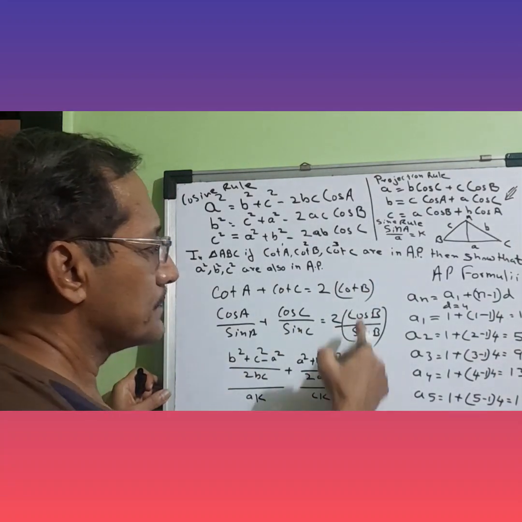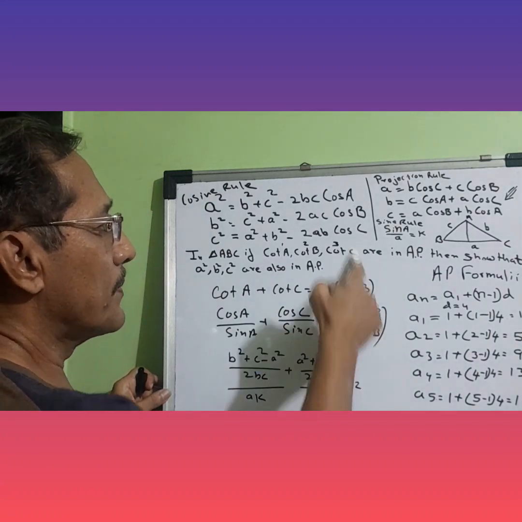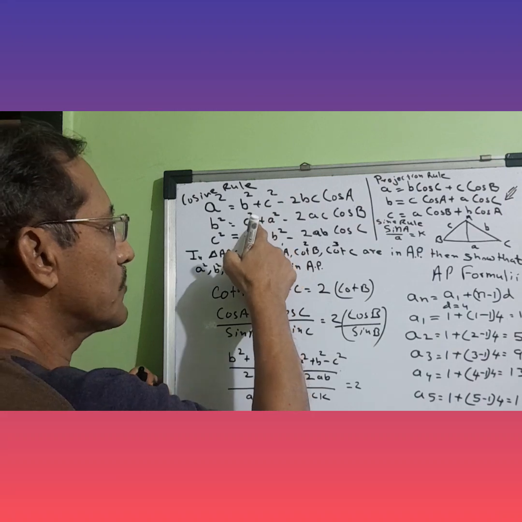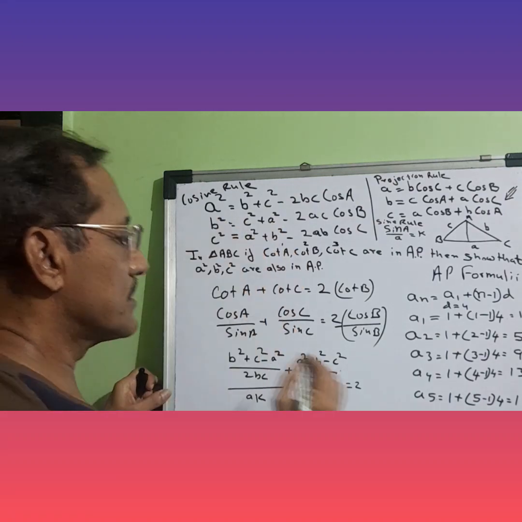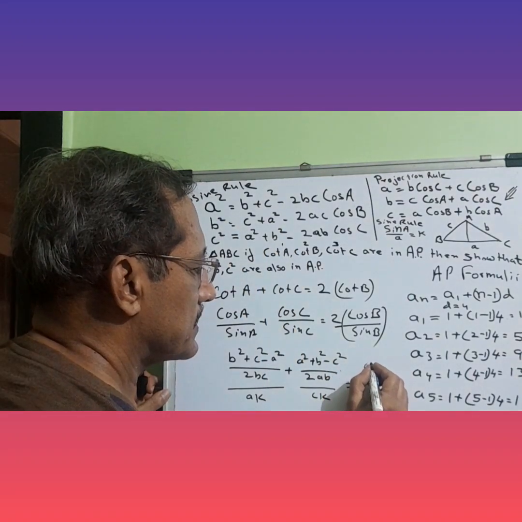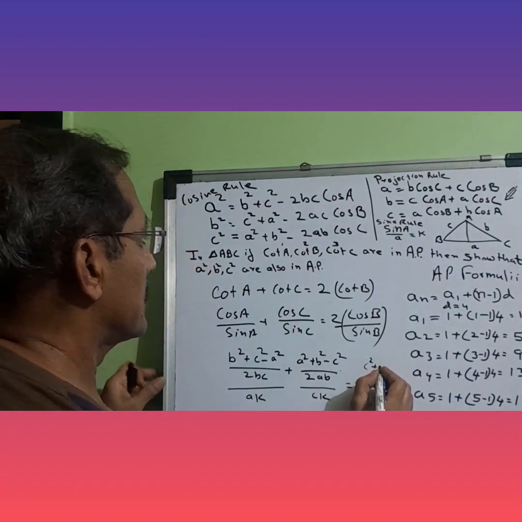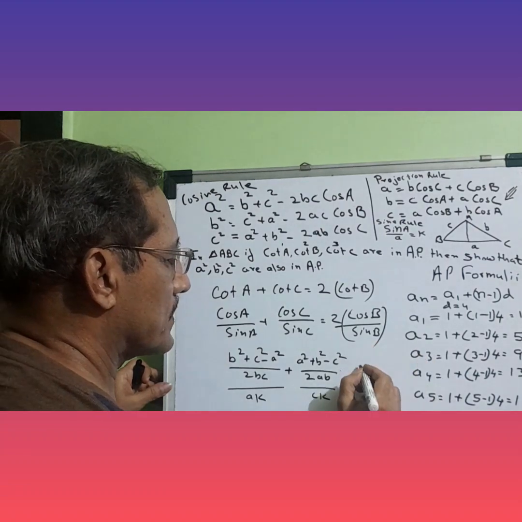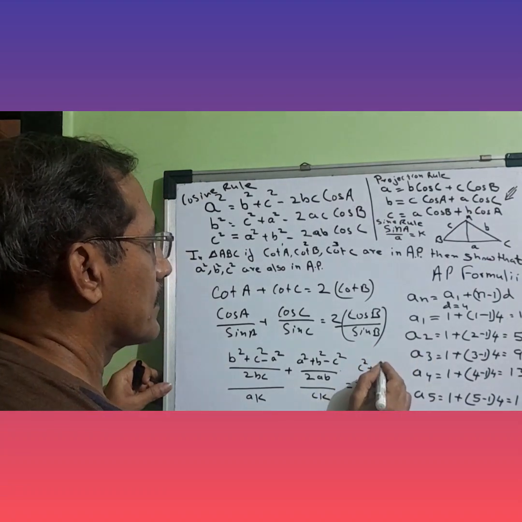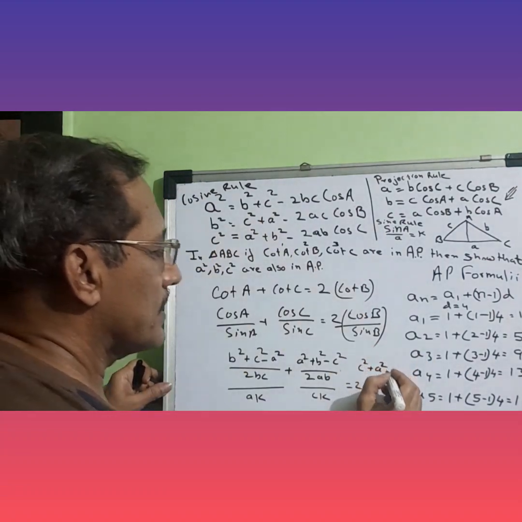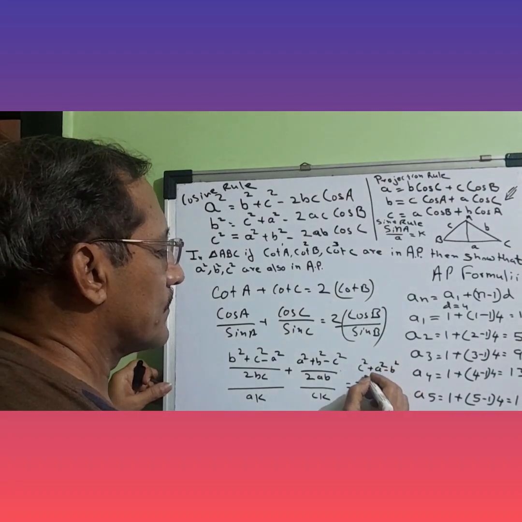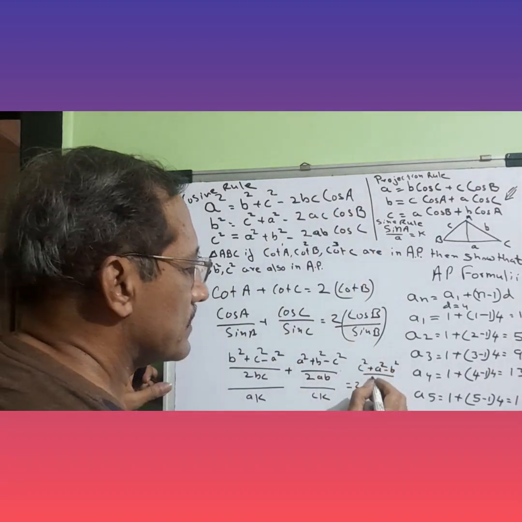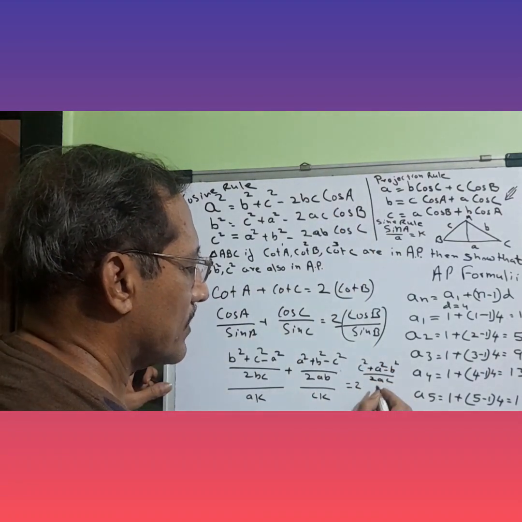So it will be 2 into, we are talking about cos B, so it will be c square plus a square minus b square upon 2ac.